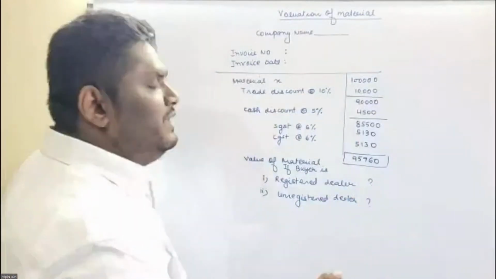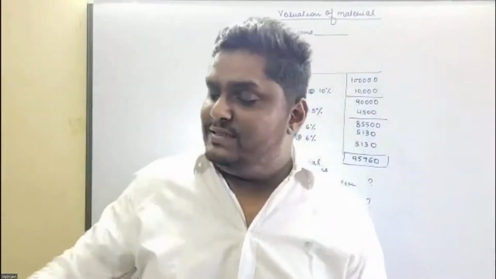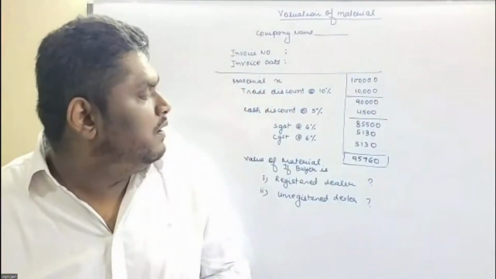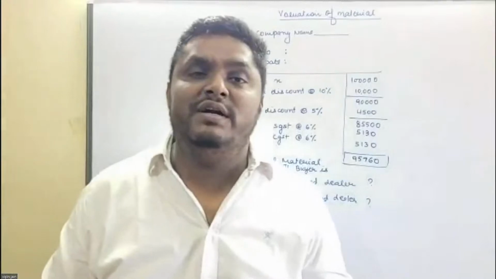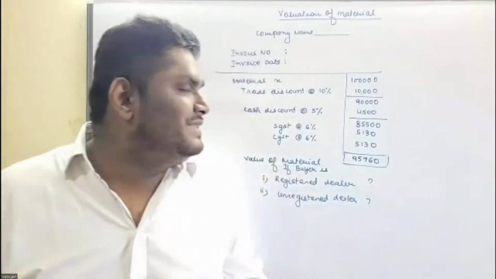When talking about a registered dealer, I'm talking about under GST. So waiting for your answers, guys, if the buyer is a registered dealer and if the buyer is an unregistered dealer.